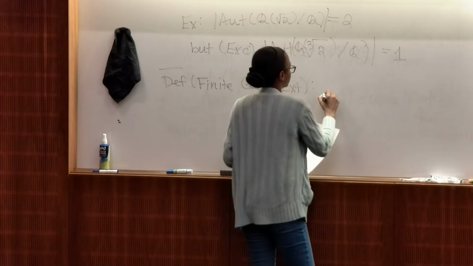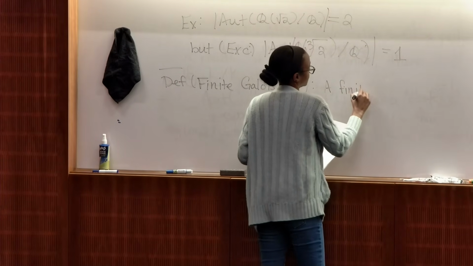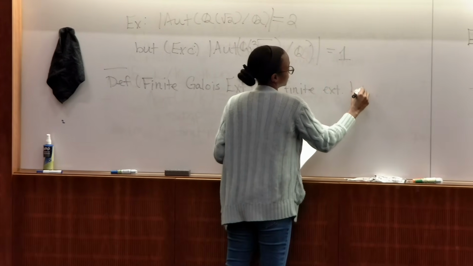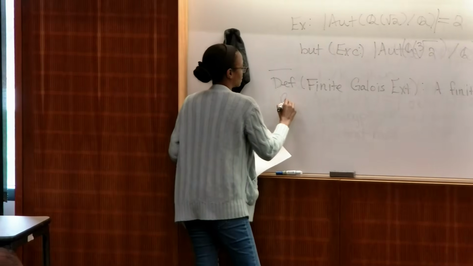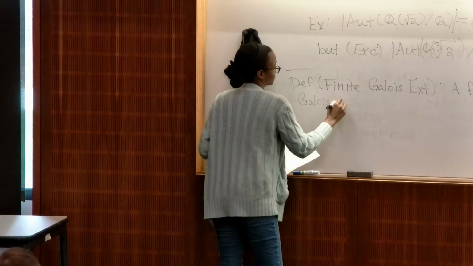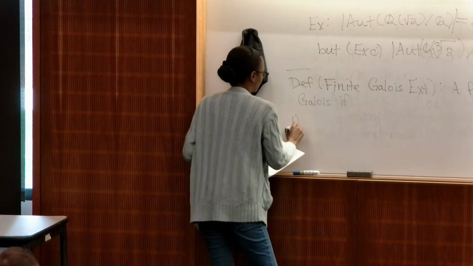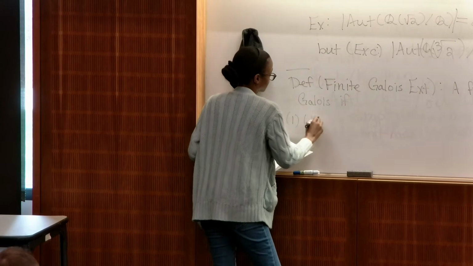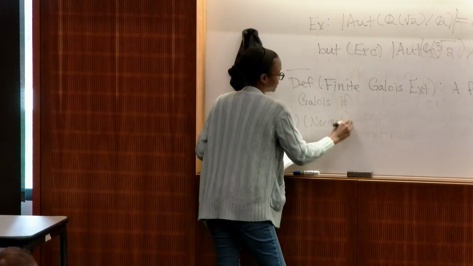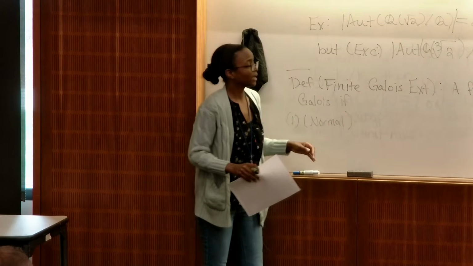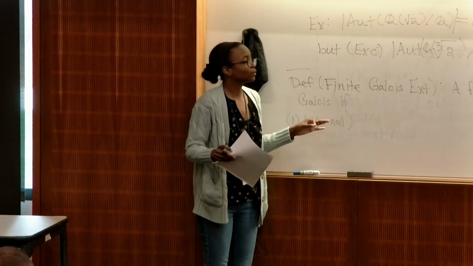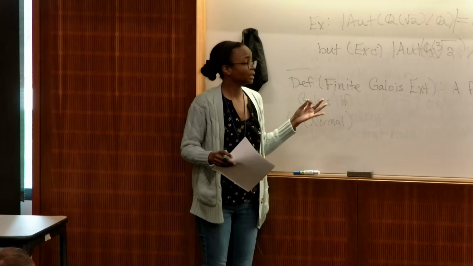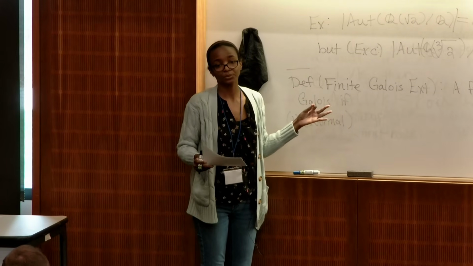A finite extension is Galois if, one, it's what we call a normal extension. This just means that if I have a polynomial f of x that is irreducible and it attains a root in L, then it attains all of its roots. Right?